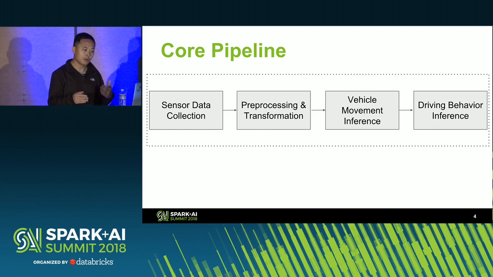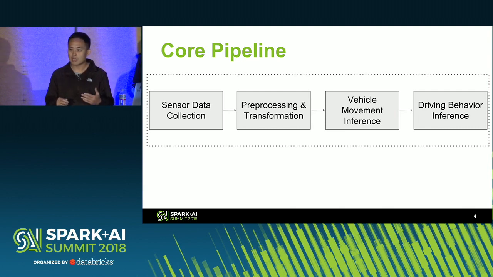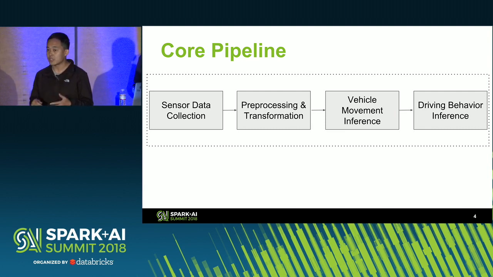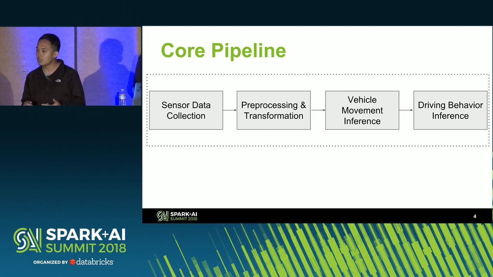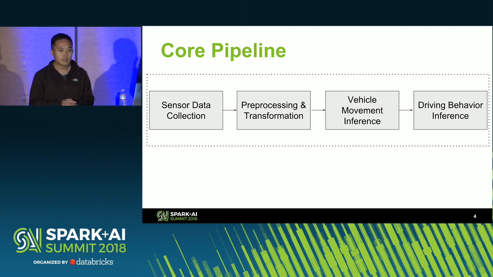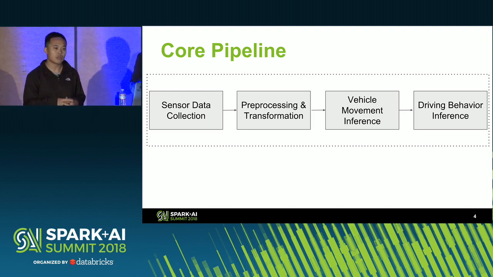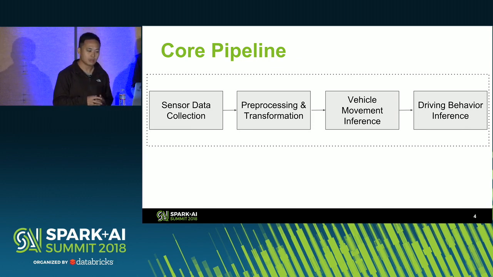After the appropriate pre-processing and transformation, we can make inferences about vehicle movements and identify events such as acceleration, braking, turns, swerving, and long stops, etc. Now, using a history of vehicle movement events of the driver, we can make inferences about the driving behavior and the driving styles.